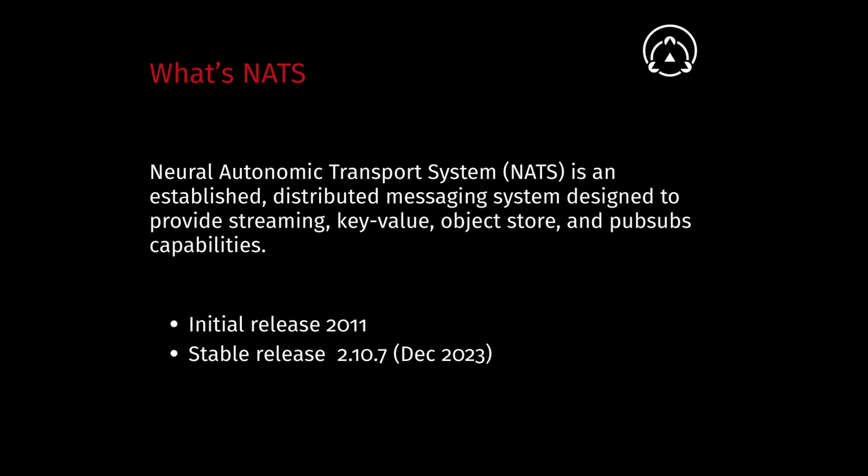All of these things are within NATS. I have yet to find it lacking in a feature related to messaging. It started back in 2011, and its current release is 2.10.7, as of December 2023.